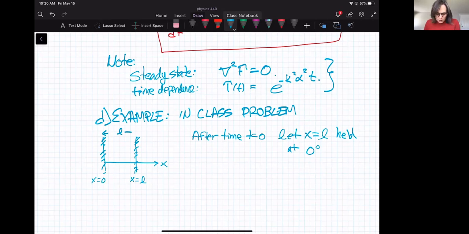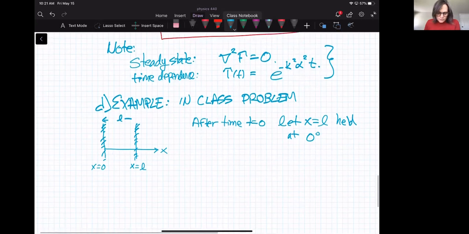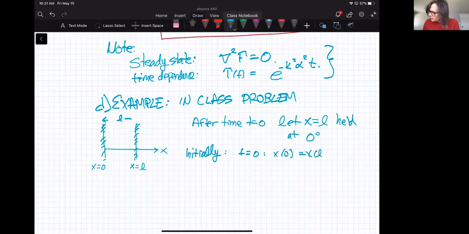So the initial setup here, or what you're after, is that initially, let's see how I want to do this. At time t equals 0, we have x of 0 and x of L is equal to 0. So those are your initial conditions.